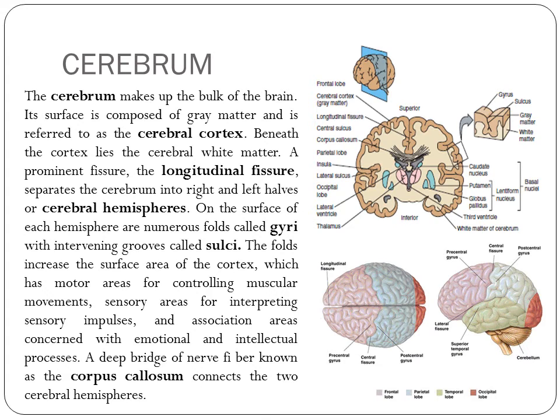The folds increase the surface area of the cortex, which has motor areas for controlling muscular movements, sensory areas for interpreting sensory impulses, and association areas concerned with emotional and intellectual processes. A deep bridge of nerve fiber known as the corpus callosum connects the two cerebral hemispheres.